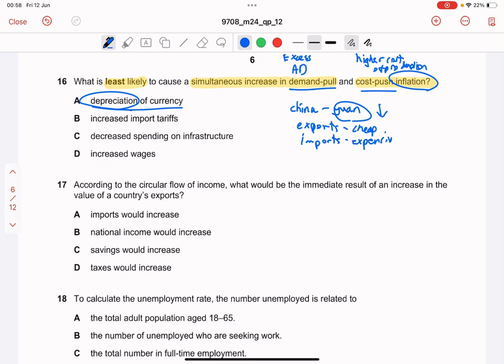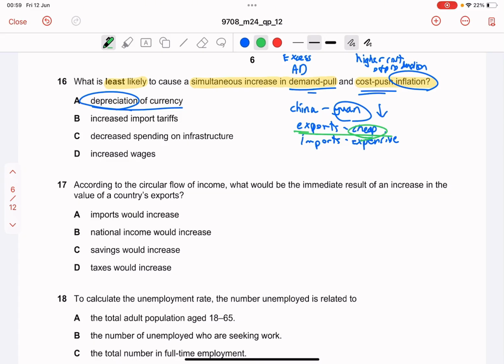Okay, so does this cause demand pull inflation and cost push inflation? Well, exports are what you sell to other countries. So if your exports are cheaper, they would be more internationally competitive, which means that more countries will demand your goods because they're cheap. Who doesn't like cheap things? So you are more likely to sell more exports.